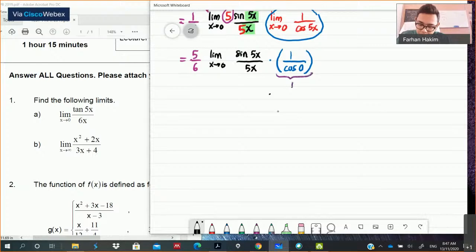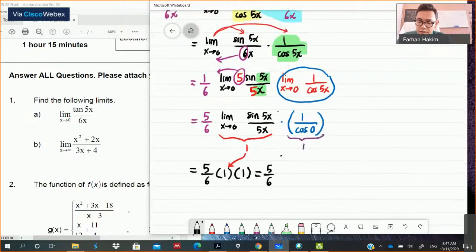For this part, we also get 1 by using the squeezing theorem. We have to show that this part becomes 1. So our final answer will be 5 over 6 multiplied by 1 multiplied by 1, and we get 5 over 6.